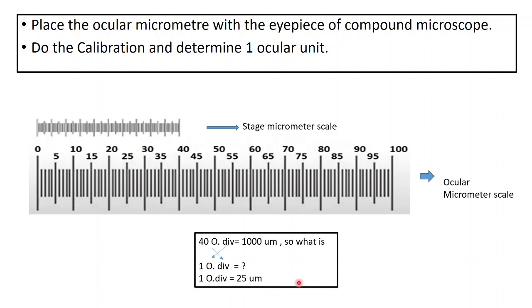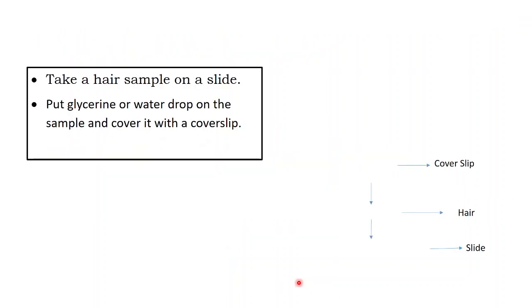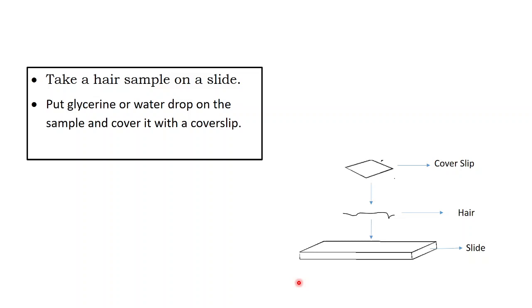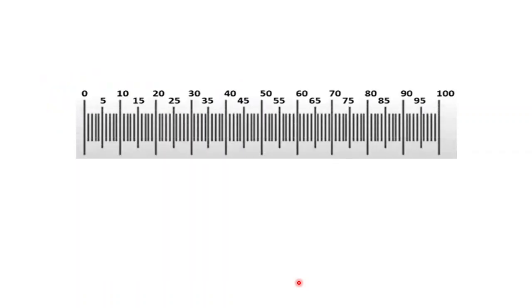Now take a slide and a hair sample. Before that we have to wash the hair sample, put a drop of glycerin onto the slide, put the hair onto the slide, then put a cover slip and observe it under the microscope.